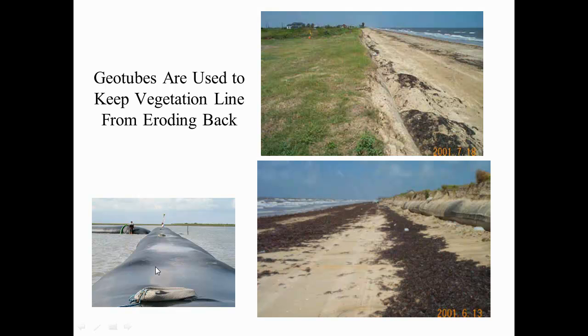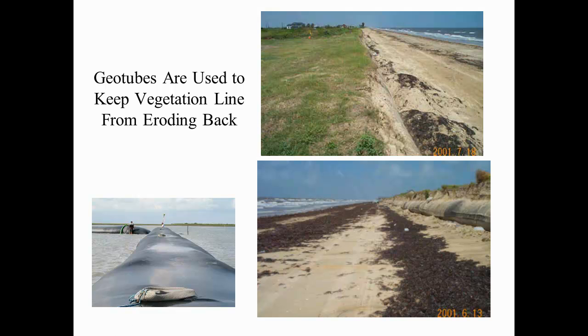And we see in these figures a series of geotubes. A geotube is largely a large latex tube that's filled with sand. What they do is bury these geotubes right along the vegetation line to keep the vegetation line from eroding any further back.